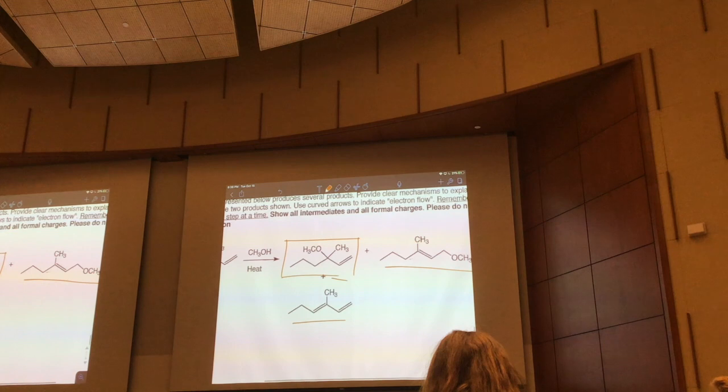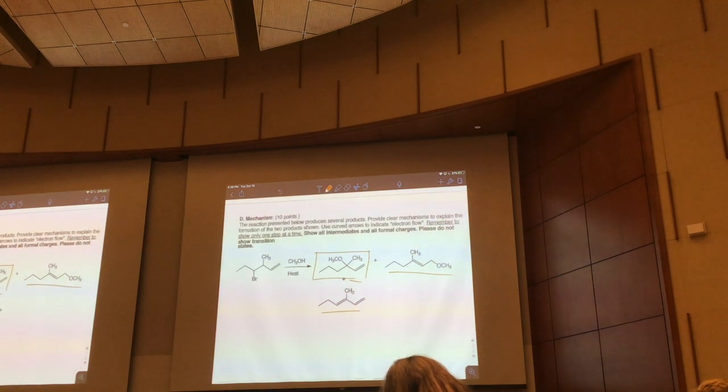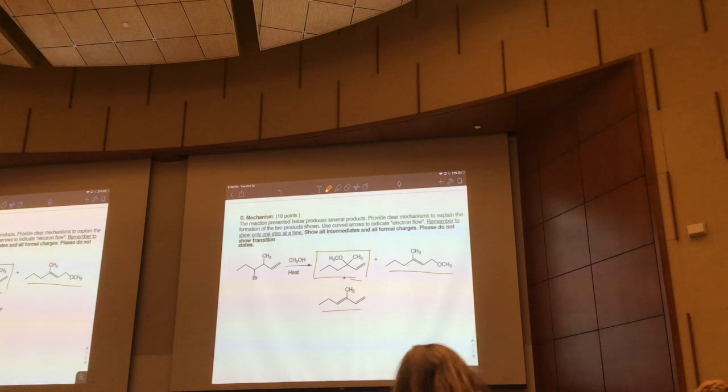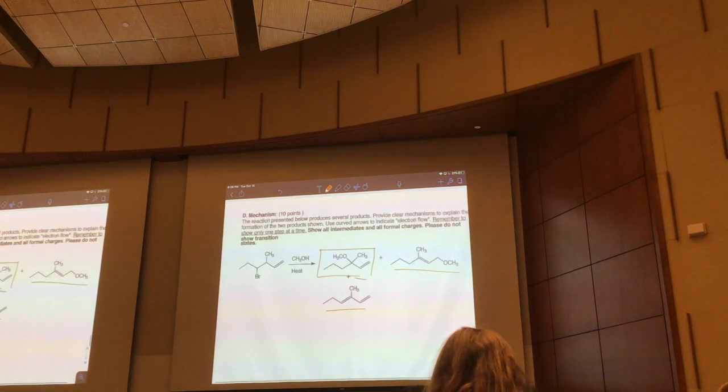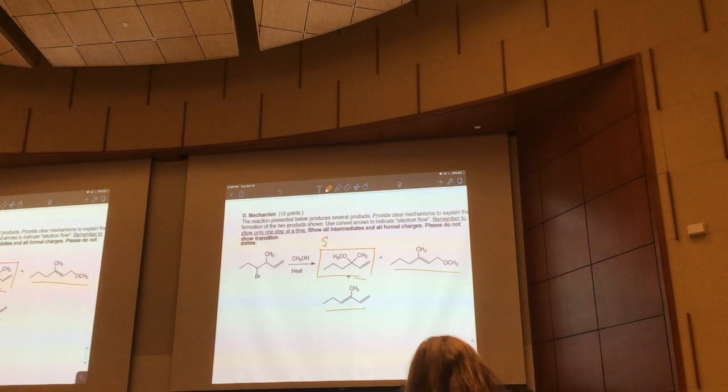Do we have any new double bond formations? On the first product, any new double bond formations? No, so there's not going to be elimination that leads to that pathway. Do we have a new substituted group? Yeah, so the first pathway is going to be the result of some kind of substitution.